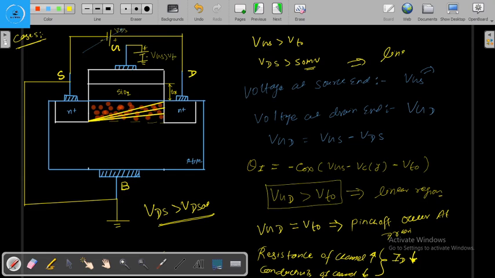So in the linear region, as the VDS is changing at a constant VGS, the drain current changes linearly up to only about 50 millivolt. We have assumed 50 millivolt, or we can say a small amount.